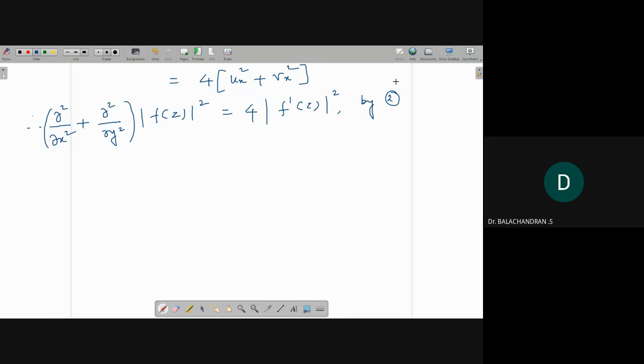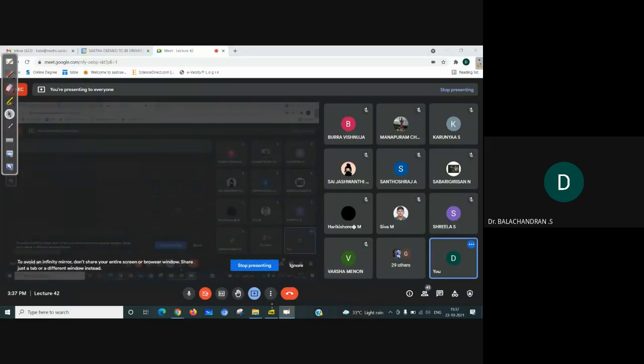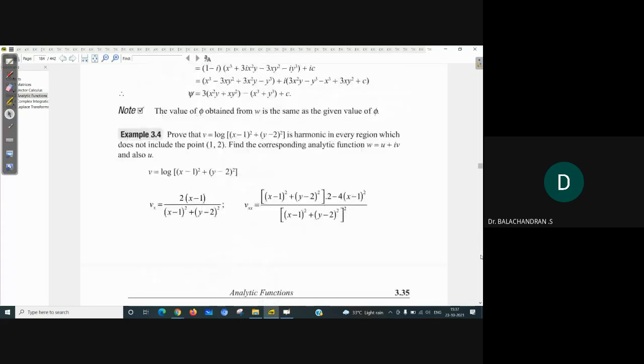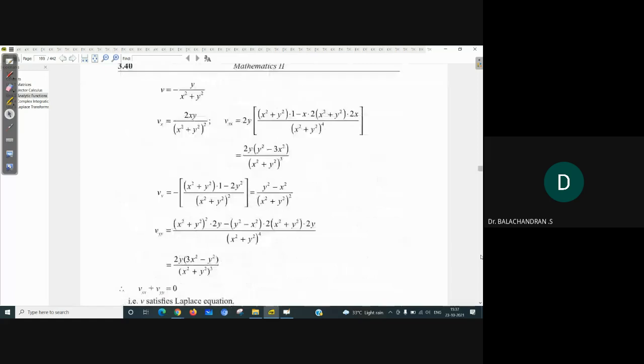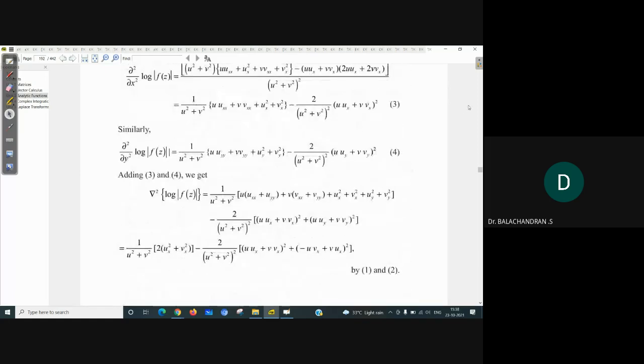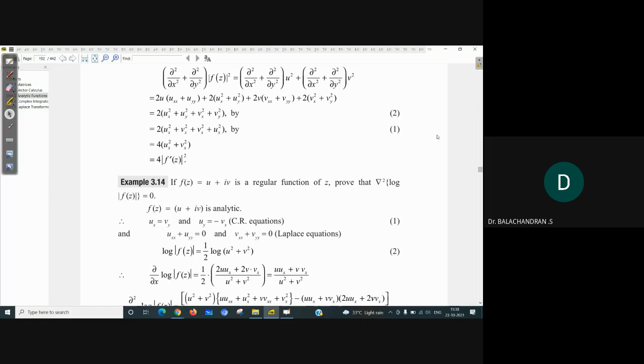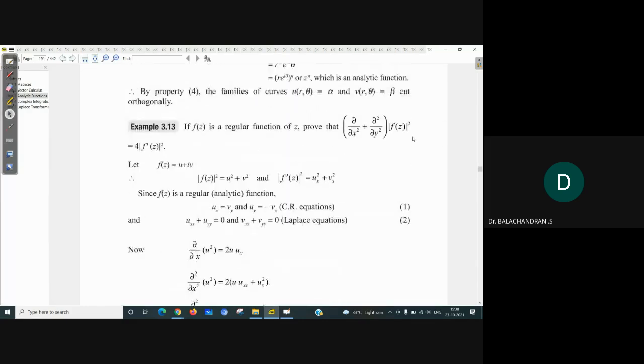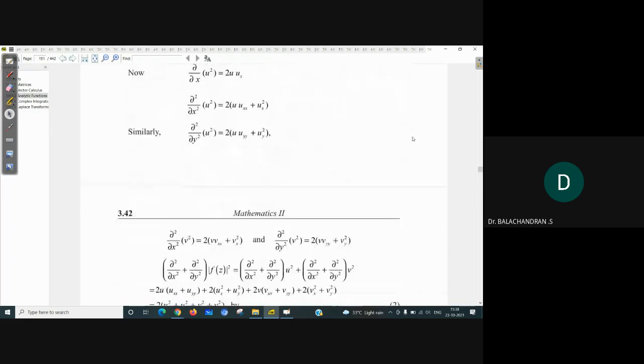So next, problem number 2. I want to check the Virarajan book. We proved example 3.13 and then 3.14.